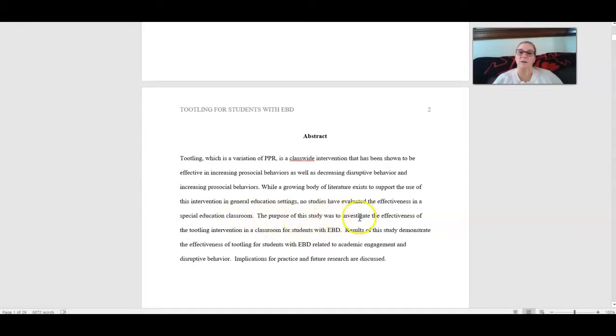The purpose of this study was to investigate the effectiveness of the tutoring intervention in a classroom for students with EBD. And then a simple sentence related to the results. Results of the study demonstrate the effectiveness of tutoring for students with EBD related to academic engagement and disruptive behavior. And then just a statement around what else is discussed, implications for practice and future research.